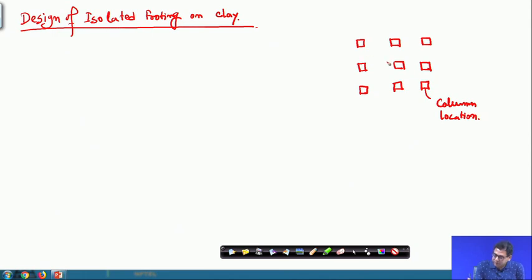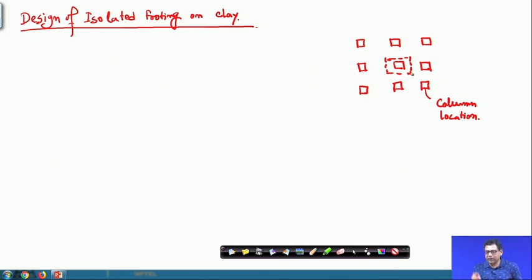We are going for a single footing for each column, and we are getting that this is sufficient, there is no overlap. Suppose first we try it and then see whether there will be overlap or not. If there is overlap, then we have to go for the raft foundation.